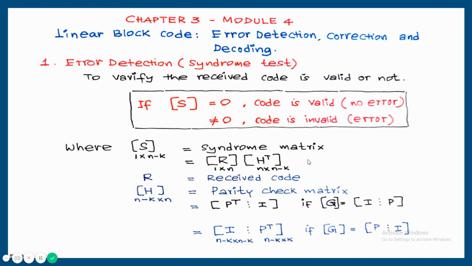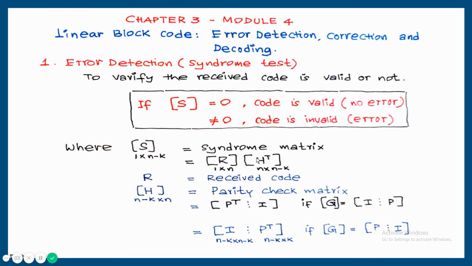Parity check matrix H is equal to P transpose I if the given G is IP format, or if the given G is a PI format, then parity check matrix will be I P transpose. So after determining H, H transpose can be calculated.